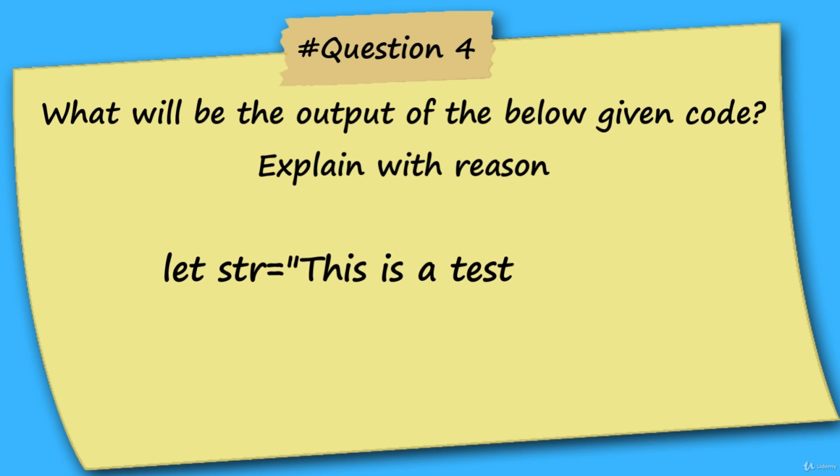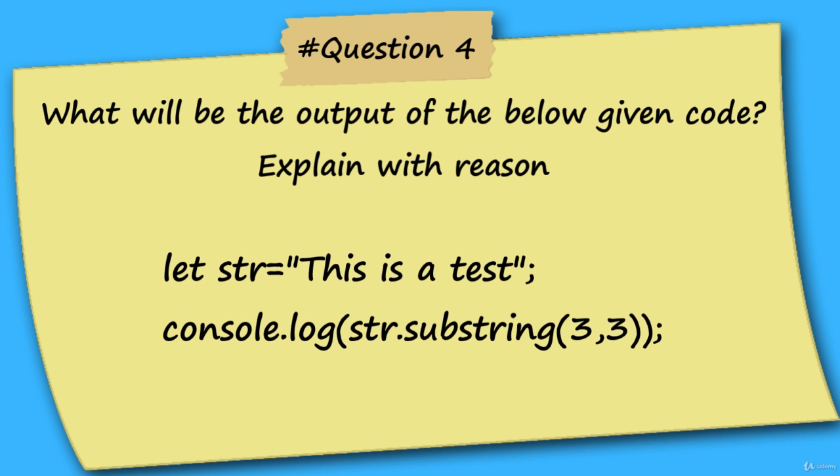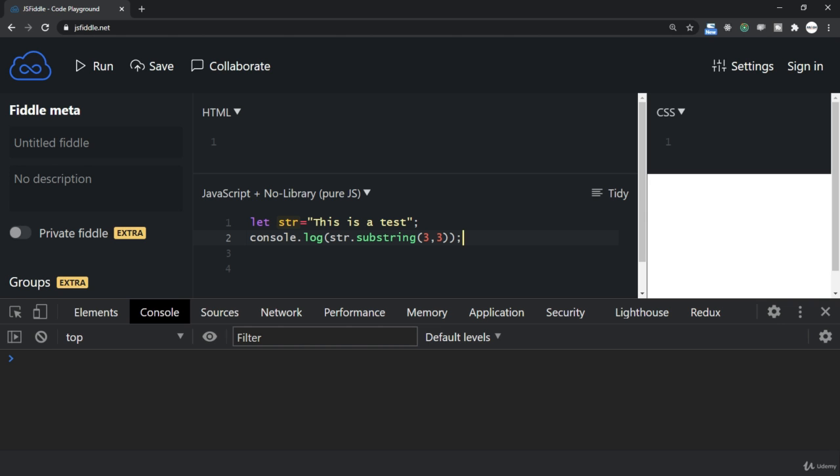Now let's talk about the next question. Again, you're supposed to explain the output for the given code. Substring does take start and end index numbers, but here I want to share one piece of information. That's why I have raised this question. It's going to start from index 3, but the end index is 3 here.